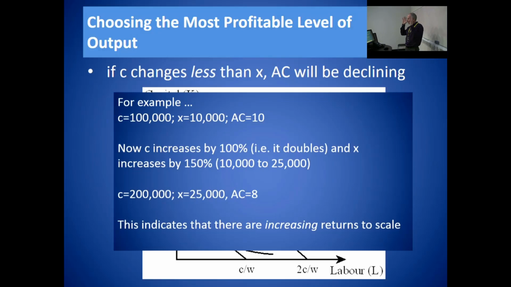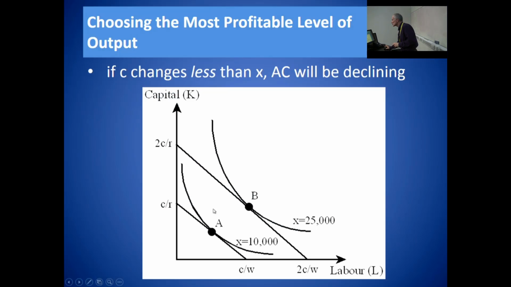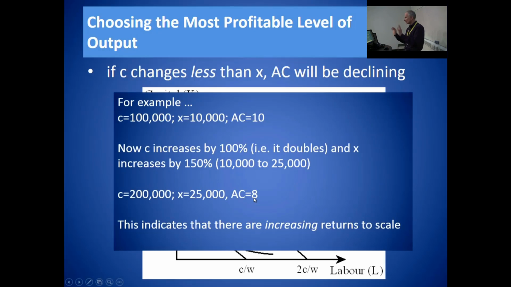Now what you need to do is think about what happens to long-run average costs if both cost and output change. And that's what we saw in this diagram here. Costs increased, output increased. And we want to look at that relationship between the two. So in that example, costs doubled.